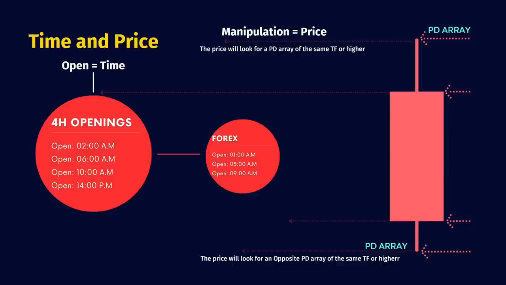The next candle is at 5 a.m., and the next candle at 9 a.m. So in Forex, you only have 3 different candles, because the last candle in Forex is the London close, and Forex doesn't move in the PM trend. It's small moves. So in index futures, you can find 4 4-hour candles. In Forex, only 3 candles on the 4-hour time frame.